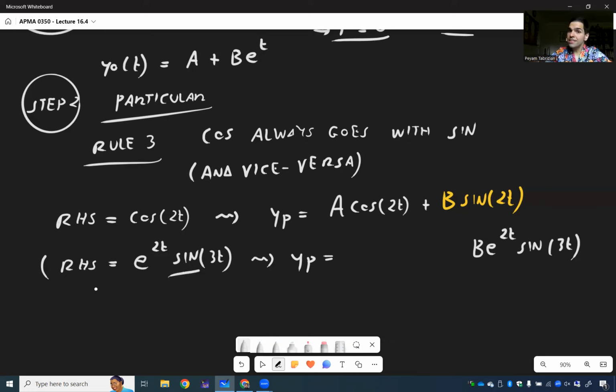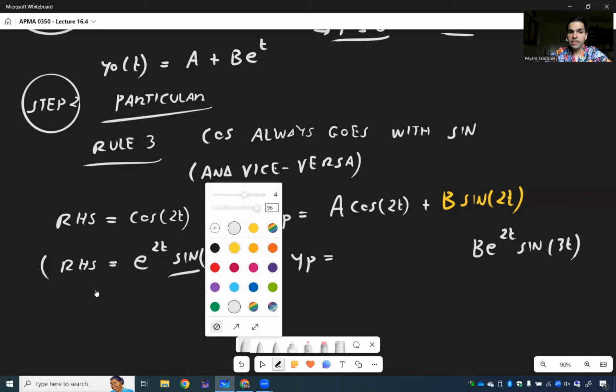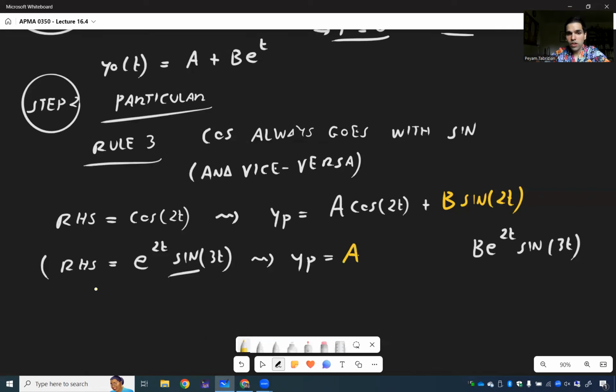But because you see sine, you have to repeat that with cosine. So a e to the 2t cosine of 3t. Whenever you see cosine, repeat everything with sine. Whenever you see sine, repeat everything with cosine. That's because they're really part of the same complex exponential.